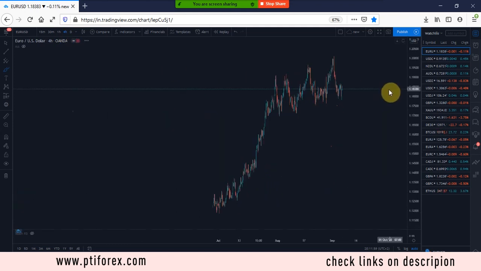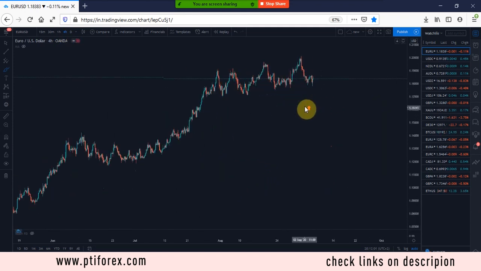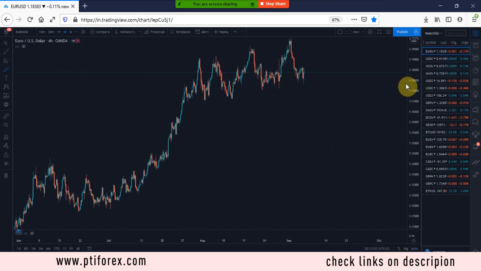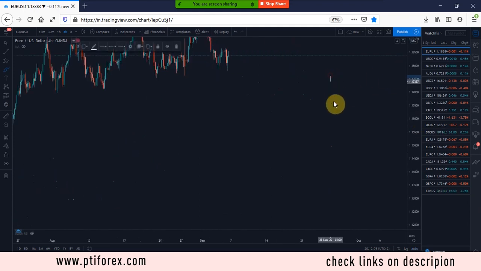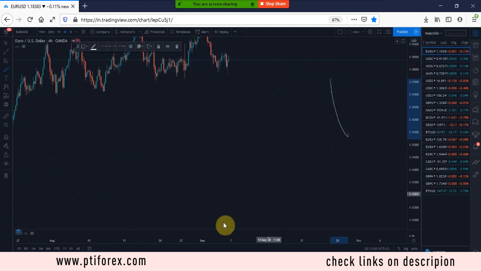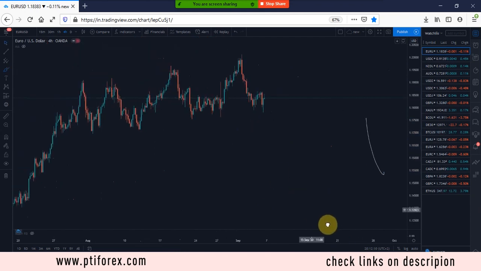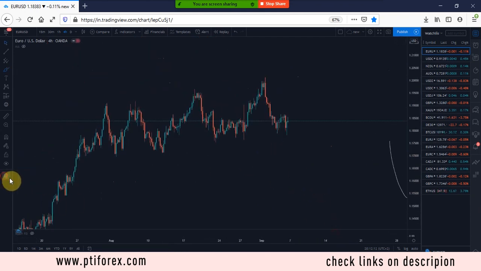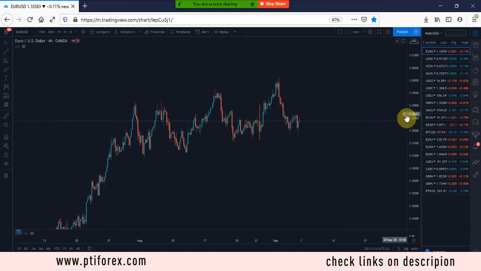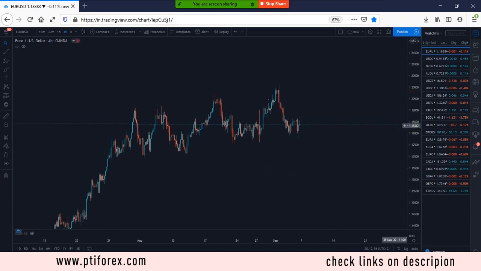There we go with EUR USD. We are on our higher time frame, which is our maximum time frame. There we go. As we can see now, here is an interesting thing about this pair.